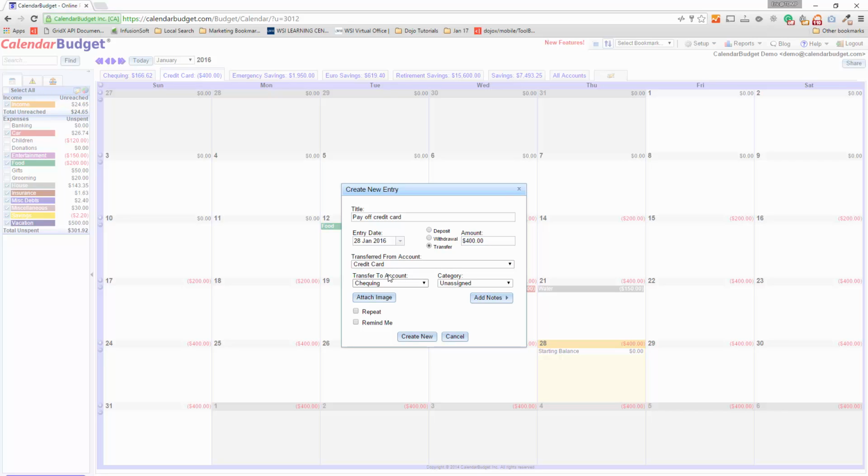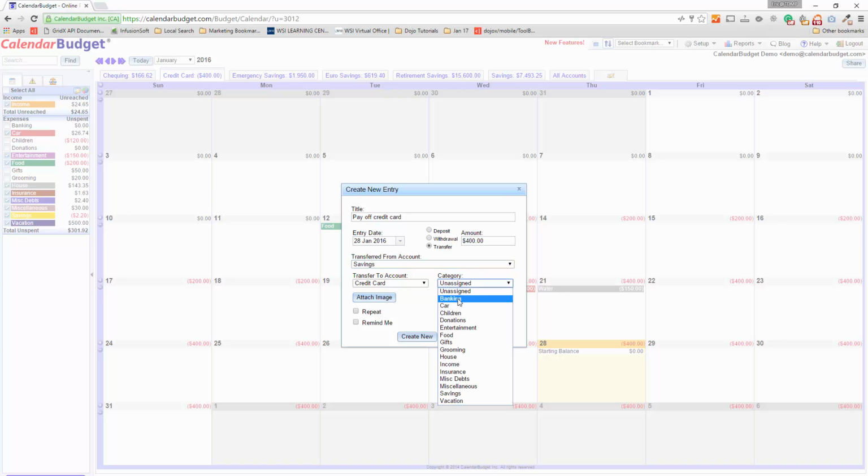Now we have an extra field here, transferred from account. So we're going to say this is coming from my checking account, and it's going to go to my credit card account. And just as I look up here, I notice that I don't have enough money in my checking account, so I'm going to take it from my savings in this particular case.